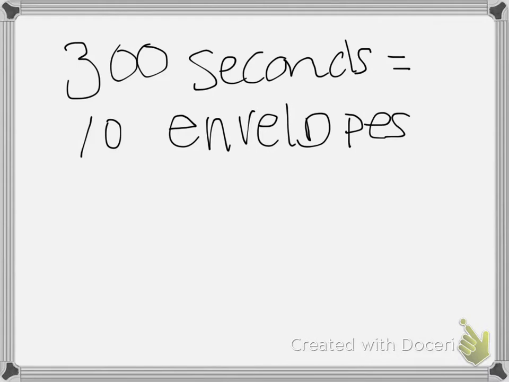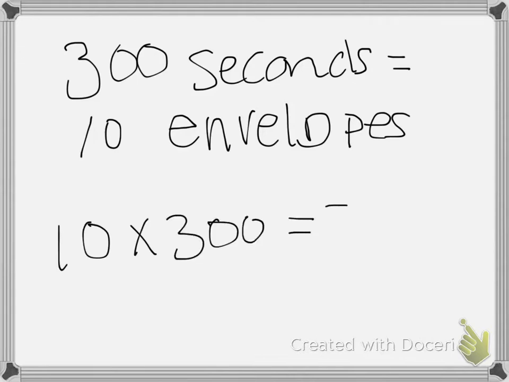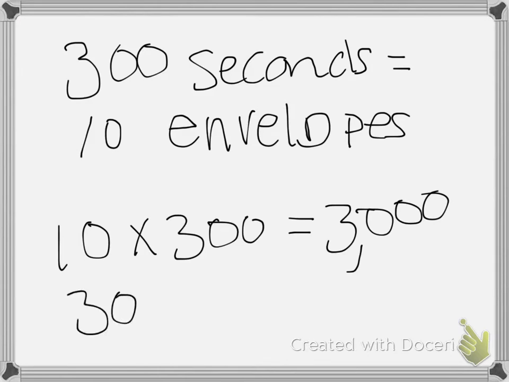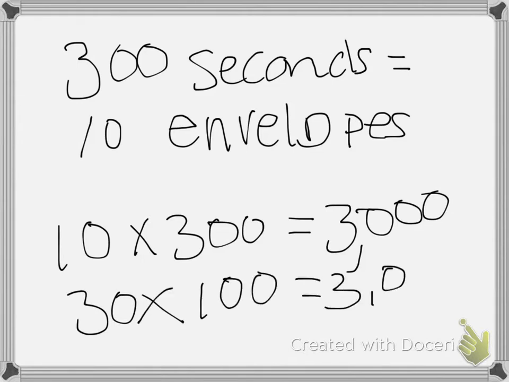There are 10 times as many envelopes. So 10 times 30 equals 3,000. So it would take about 3,000 seconds. Or you could have just done 30 times 100. That also equals 3,000.